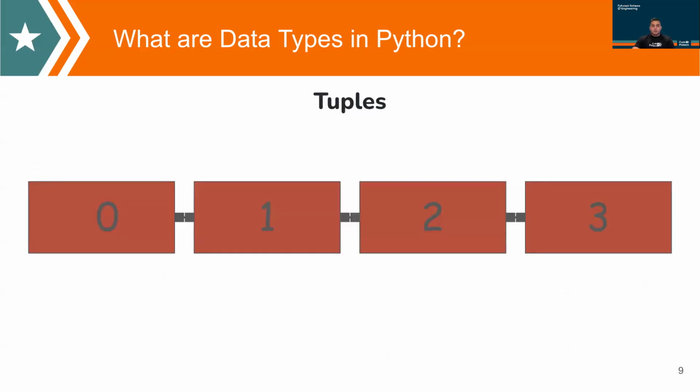Next, we have tuples. Tuples, although similar to lists, are immutable, meaning you cannot change them. The first time I heard the word mutable or immutable, my immediate thought was of muting or unmuting a TV. Well, that's not at all what the word mutable stands for.